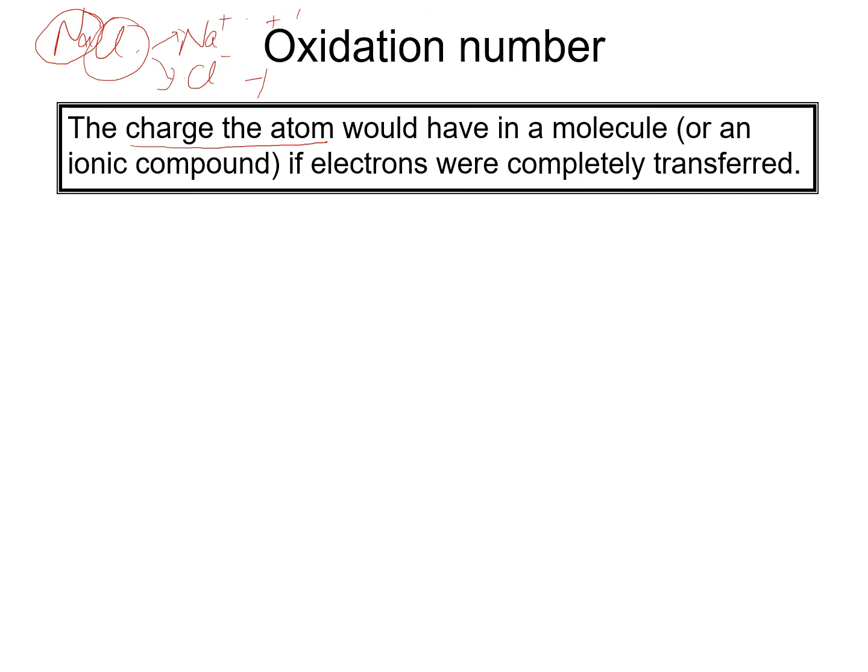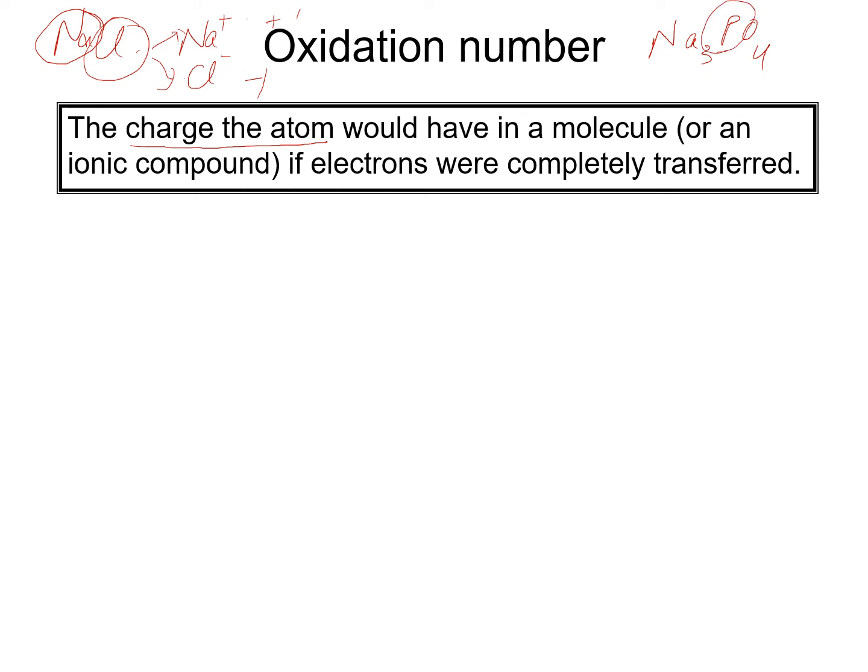Let me give you one example which comes later on in your slides. If I give you a compound like sodium phosphate, and I ask you, can you tell me the oxidation number of the phosphorus atom in this particular compound?